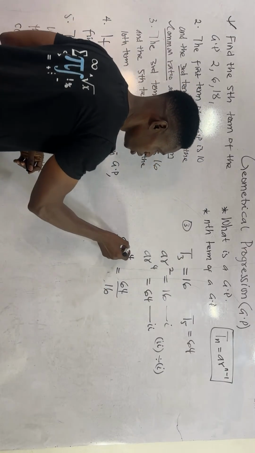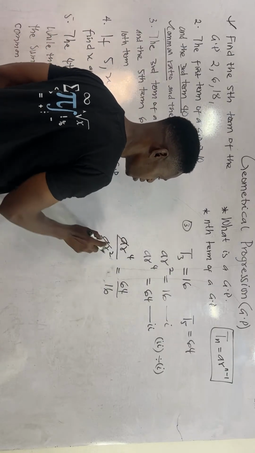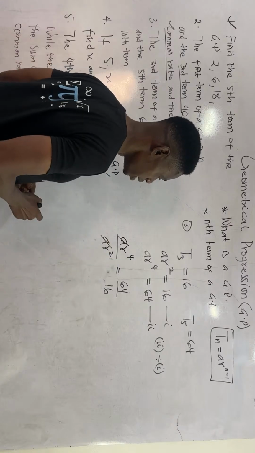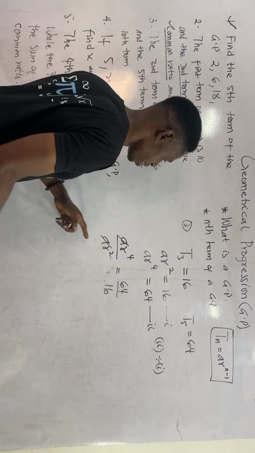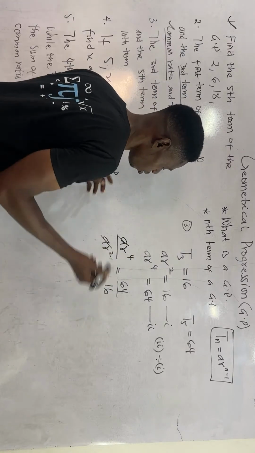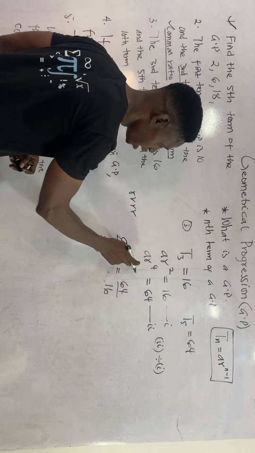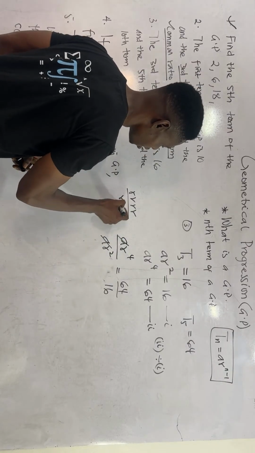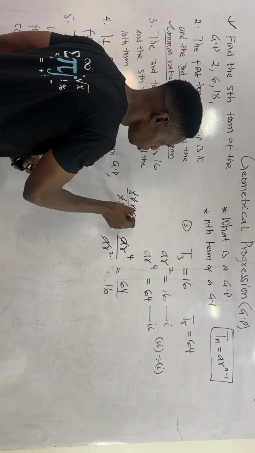So A can cancel A, obviously. Remember our law of indices. When you are dividing the same base, you subtract the powers, that of the denominator from that of the numerator. Or if you want, there are 4 R's up there and 2 R's down here. If you cancel these two, you have 2 R's there, which is R squared.